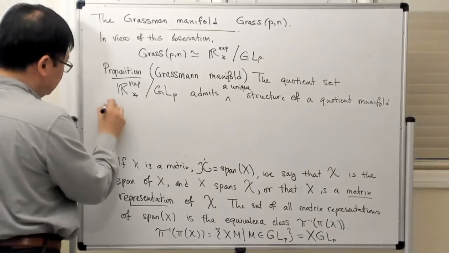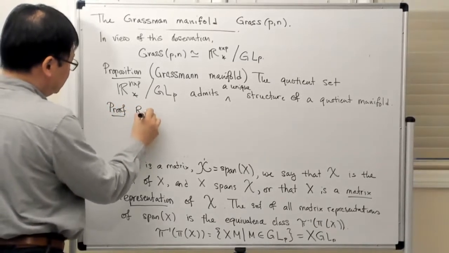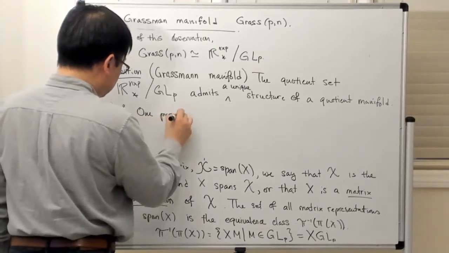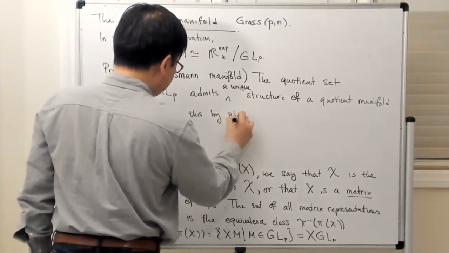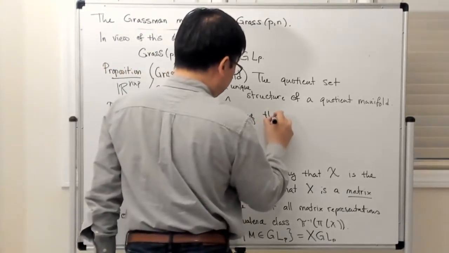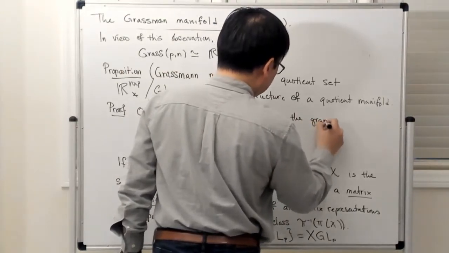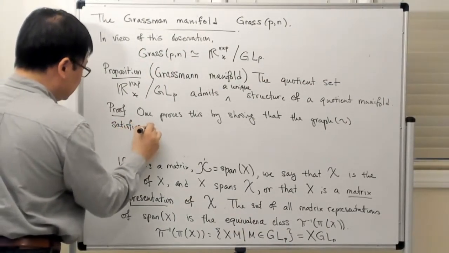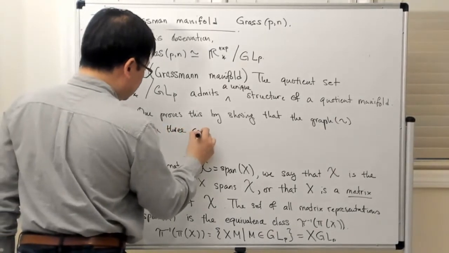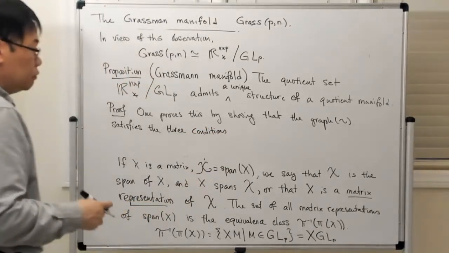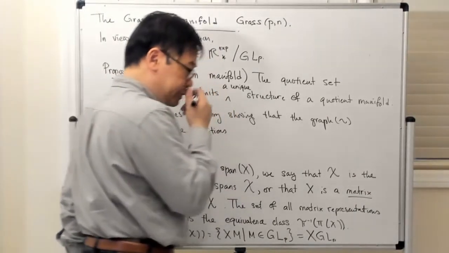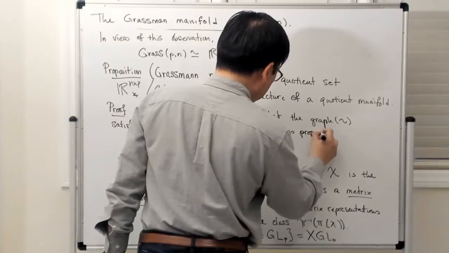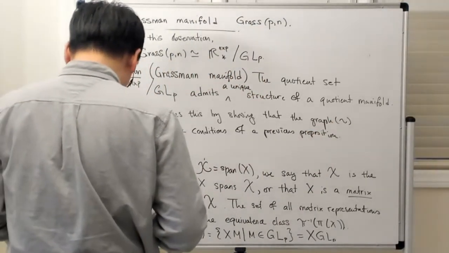Let me not really prove it, but just remark that one proves this by showing that the graph of the equivalence relationship satisfies the three conditions of the previous proposition which we discussed. Okay. All right.